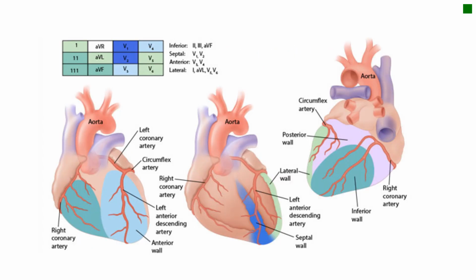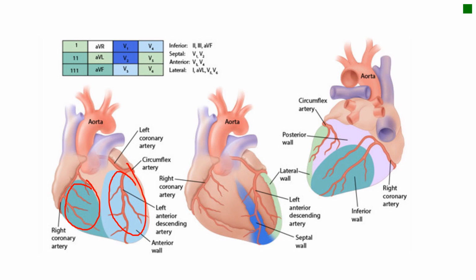Well, why is that important? Well, it relates to the arteries and which artery corresponds to which part of the ECG. So this is a diagram of the coronary arteries. Here you've got basically the inferior leads relate to the right coronary artery.